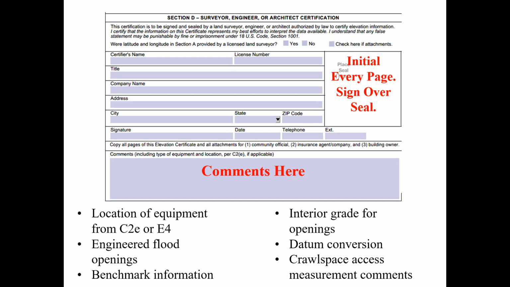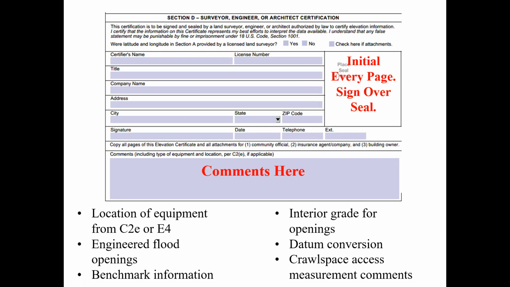And then for Section D, this should be signed and sealed with all of their information. And then there should always be comments in here. So usually there is not a mistake in this situation, but there are important comments about flood openings. So if there's engineered flood openings, that should be documented here with the certificate for those attached.